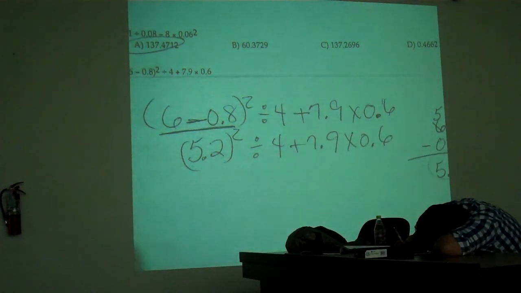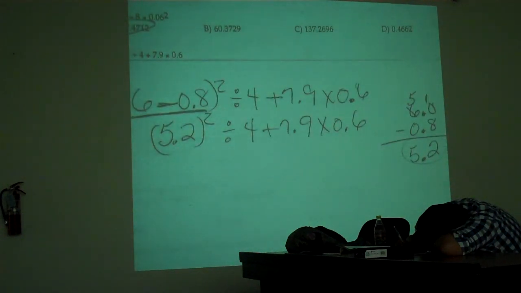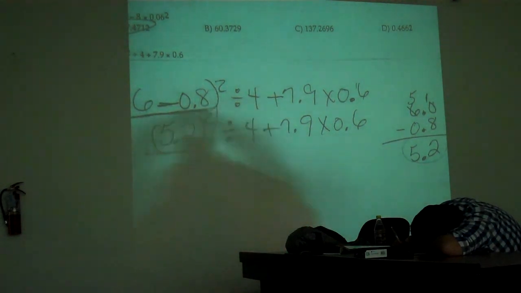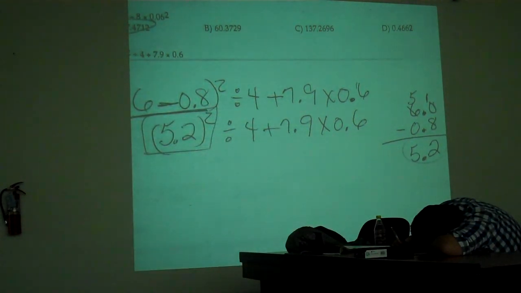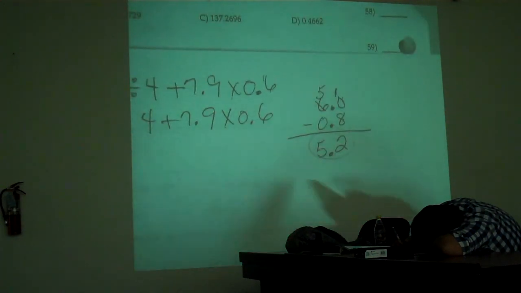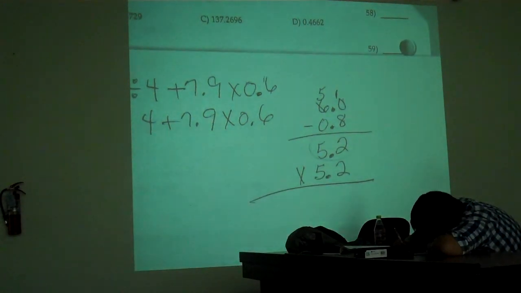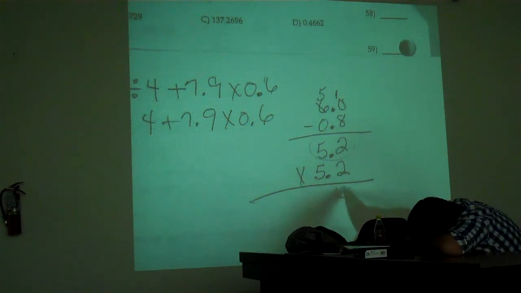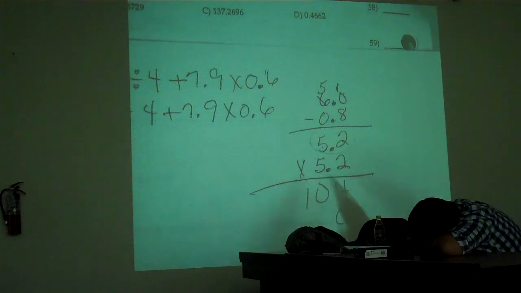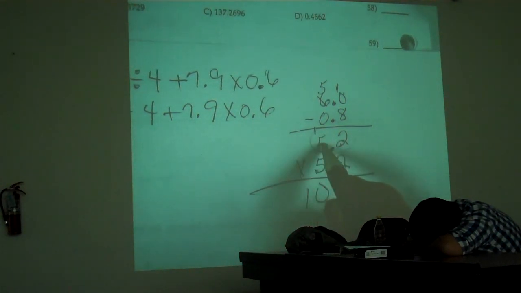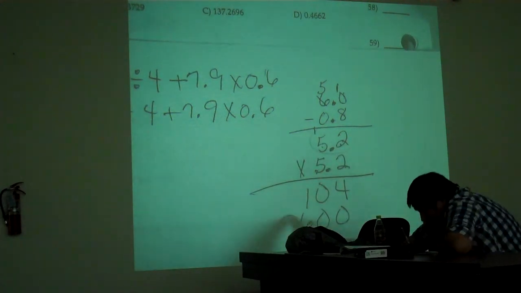Okay. Now, please excuse. You have exponents and square roots, so this part is next. So we need to square it. Don't multiply it by 2. Make sure you multiply it times itself for squaring it. Show your multiplication. 2 times 2 is 4. 2 times 5 is 10. Put a 0. 5 times 2, 10. 5 times 5, 25 plus 1 is 26.